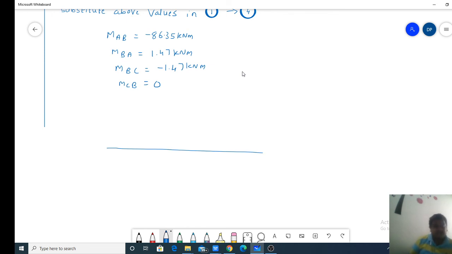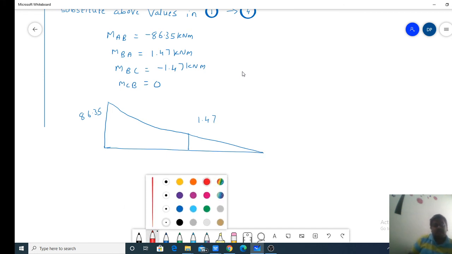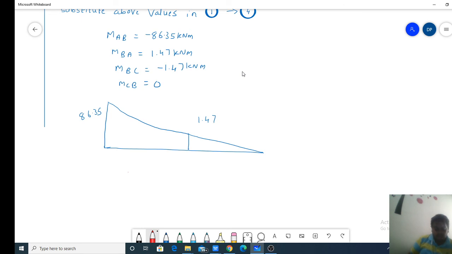Now once you have these values, you will be asked to draw the bending moment diagram. The first value is 86.35, the other one is 1.47, and this will be 0. So this I will join by a straight line. Next I need to draw the diagram due to UDL.